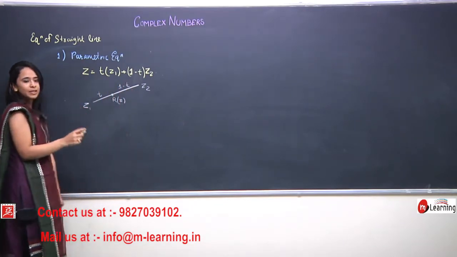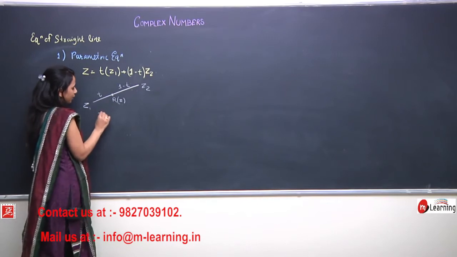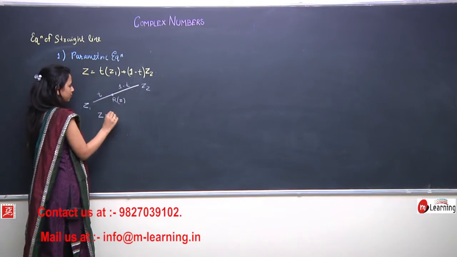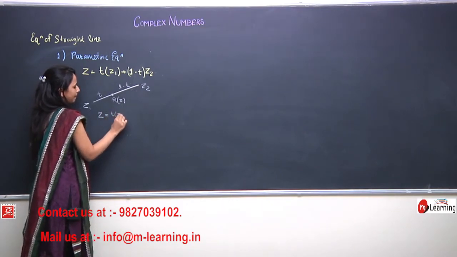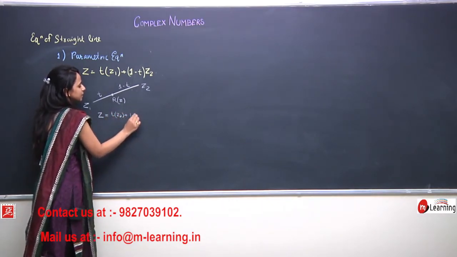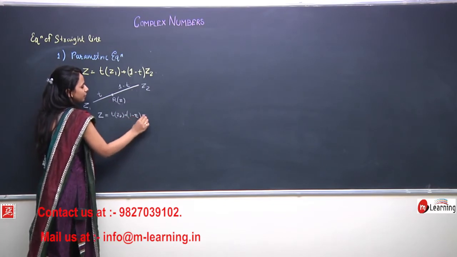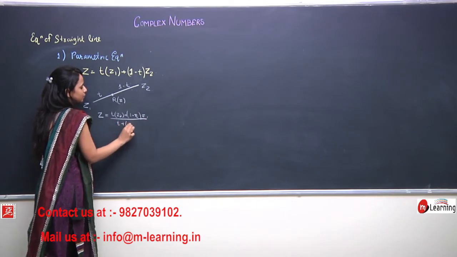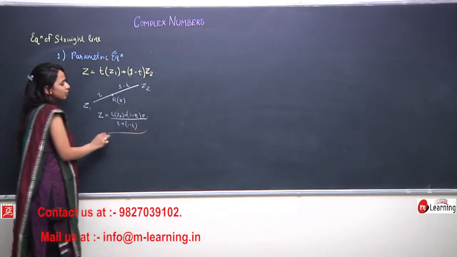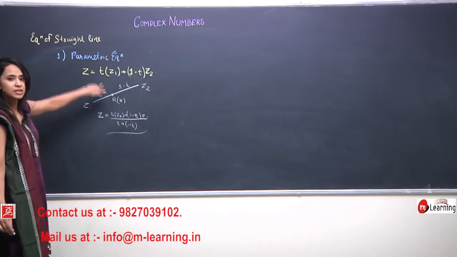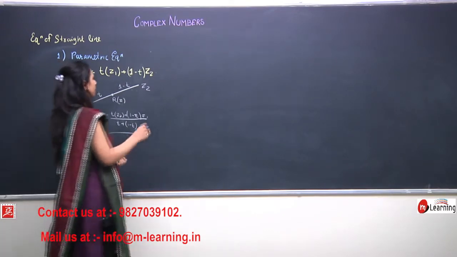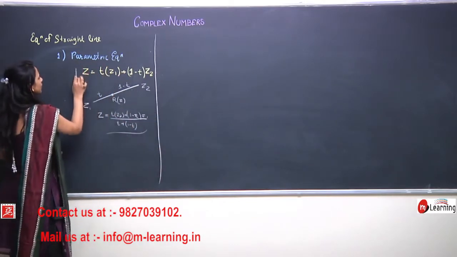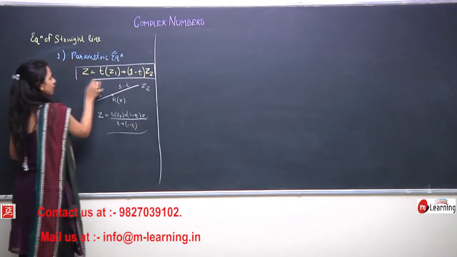So by the application of the section formula, I can always write that the coordinate of z is t into z2 plus 1 minus t into z1 upon t plus 1 minus t. When I solve this, I am going to get this equation, which is the parametric equation for a straight line. Here we have derived the parametric equation for a straight line.